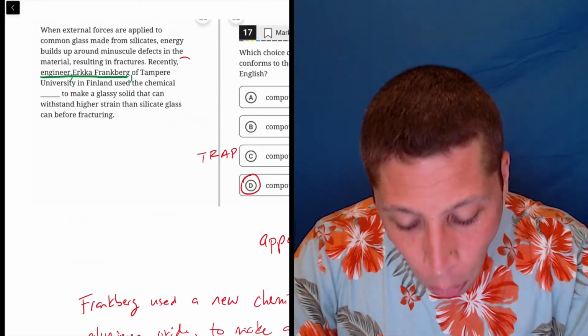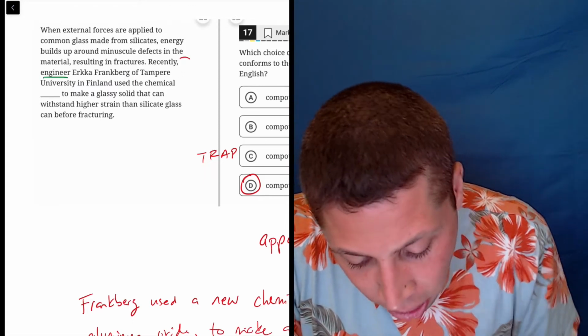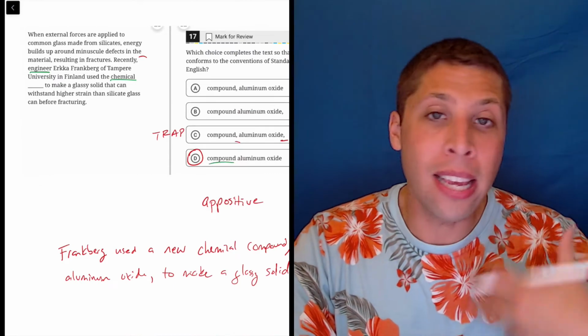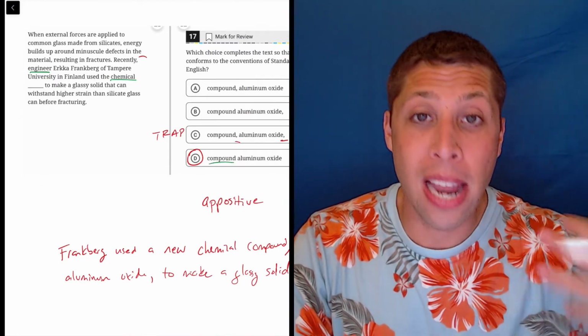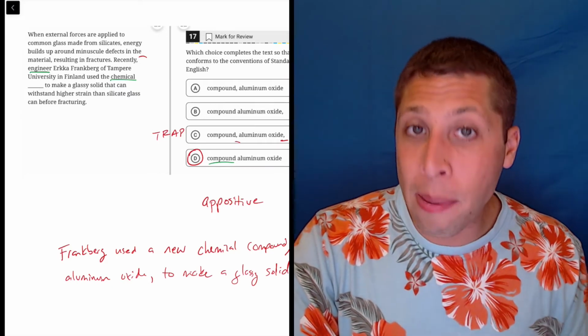But in both of these cases, the part at the beginning, engineer or chemical compound, this really is just part of the name of the thing. It is not any extra. The name itself is not extra.